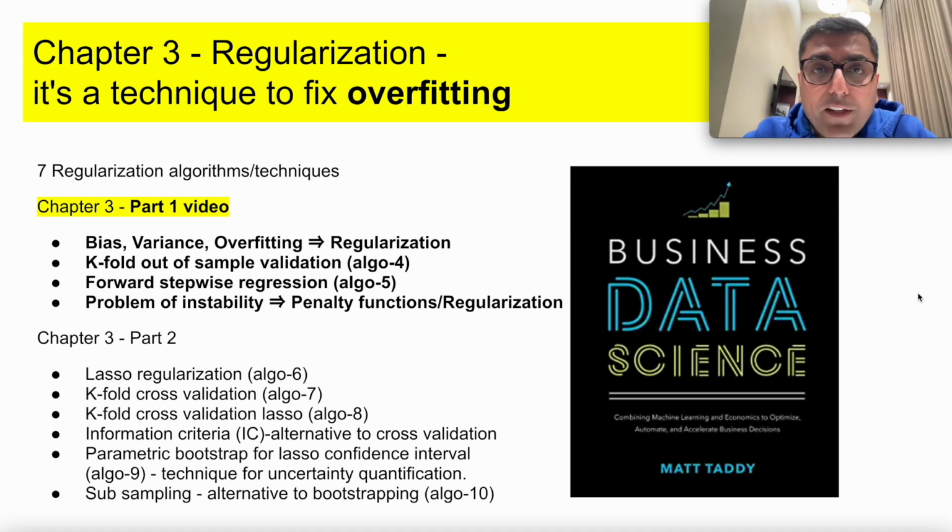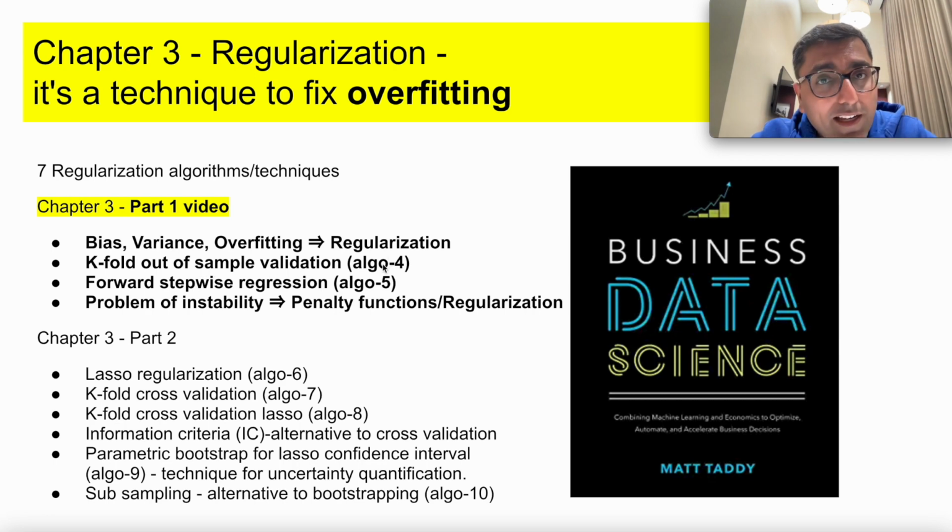In this video, there are 2 parts to chapter 3. This is part 1 of chapter 3. I'm going to cover these 4 areas. An introduction to what is bias, what is variance, what's overfitting, going in depth on what we just talked about, and how regularization helps with fixing that. We'll look at 2 algorithms: k-fold out of sample validation, which is algorithm 4.